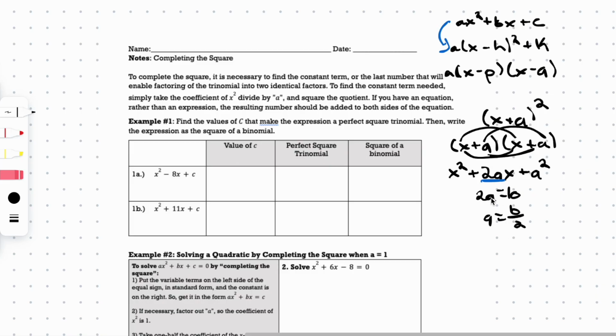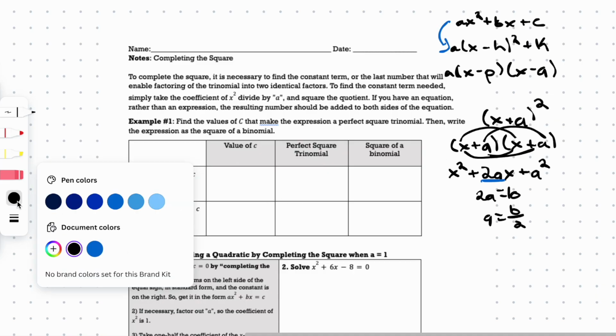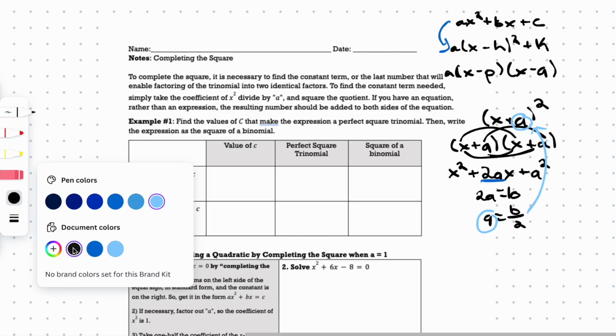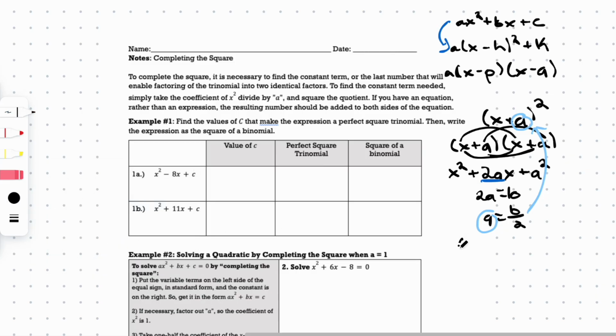I'm going to plug this b over 2, which is equal to q, in for our q up here, because we have this q, and we have this q. So I'm just going to sub this b over 2 in there. And we'll get something that looks like x plus b over 2 squared.